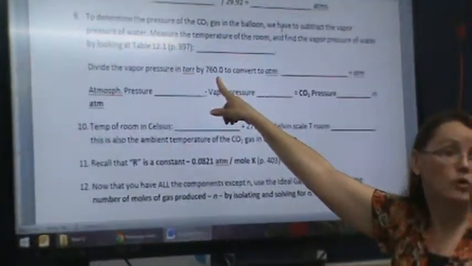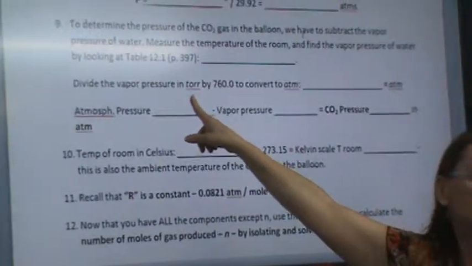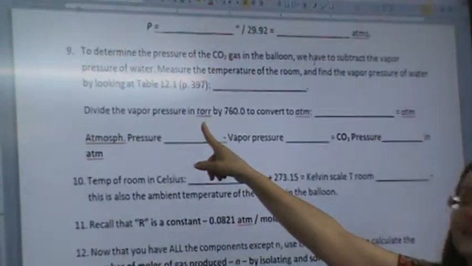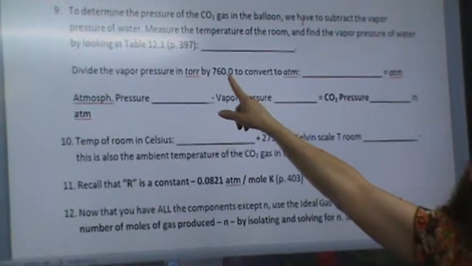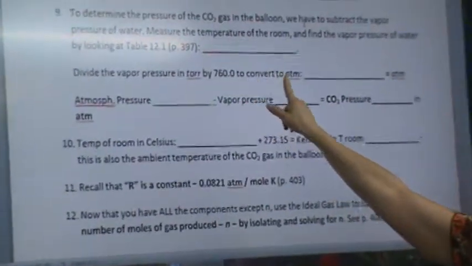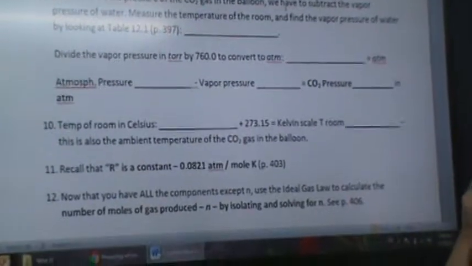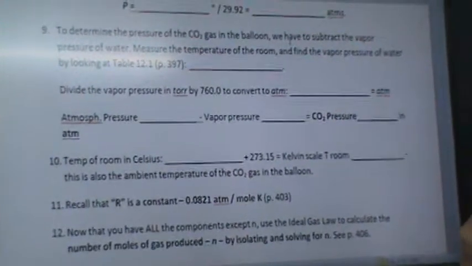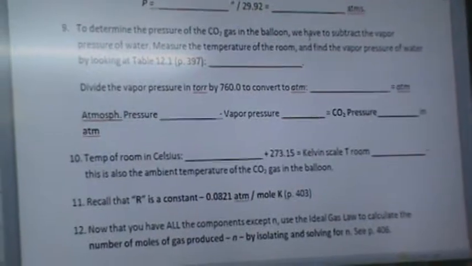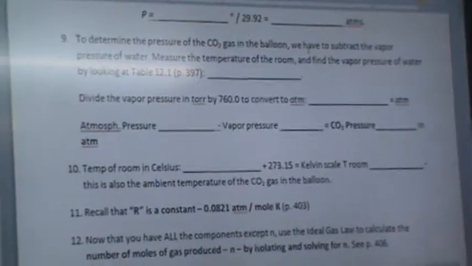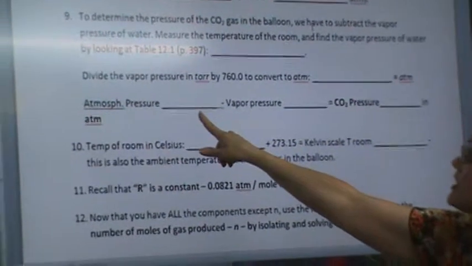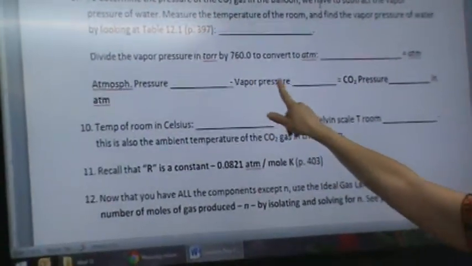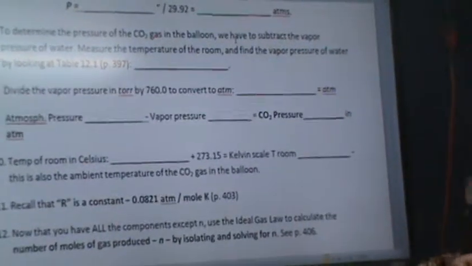Water vapor in your table is in these mercury units, right? So in order to convert that to ATMs, you have to take that number in your table and convert it. So we're using the atmospheric pressure in the formula and not the CO2 pressure. Right. So your atmospheric pressure, the 1.003, minus the vapor pressure will equal the CO2. But we're not using that.